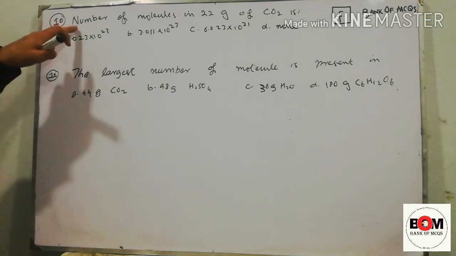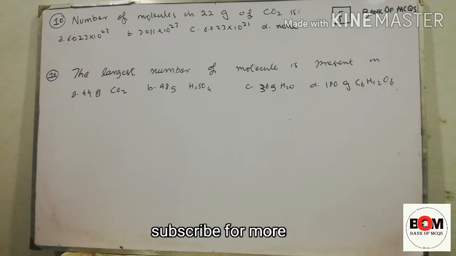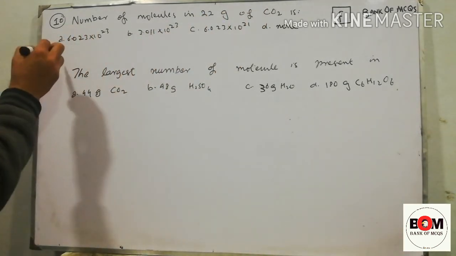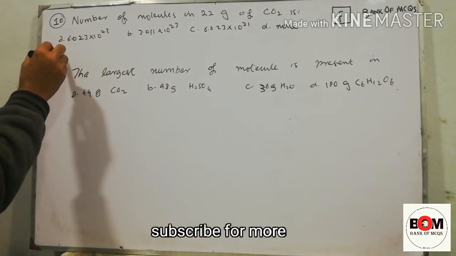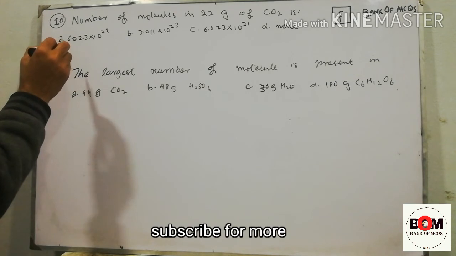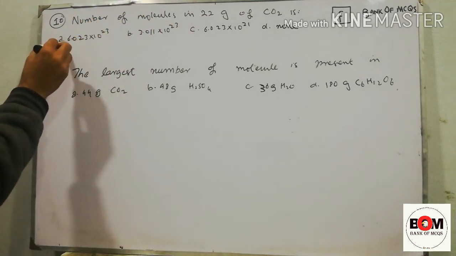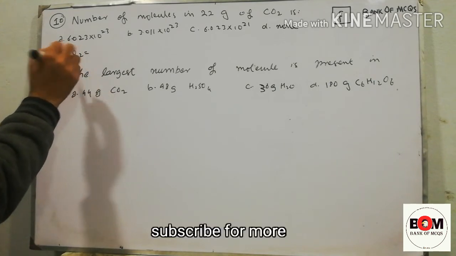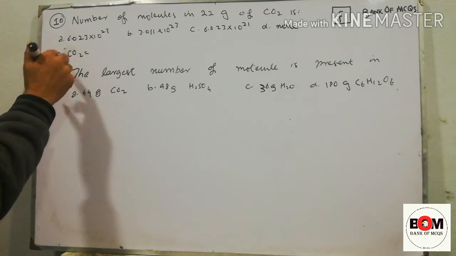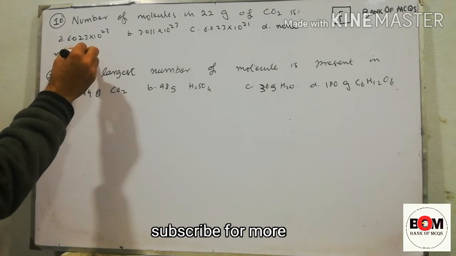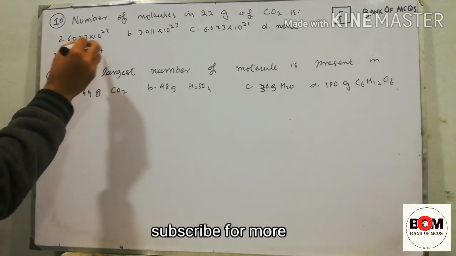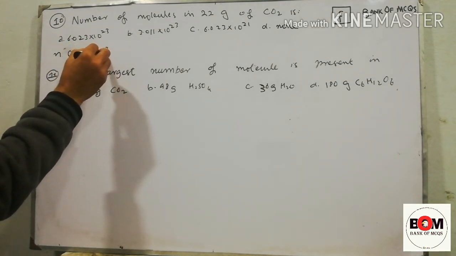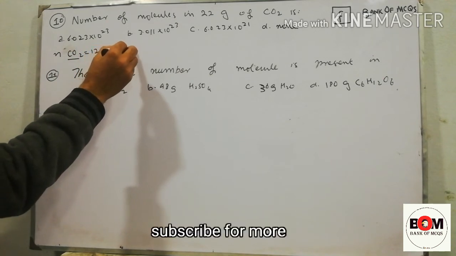Further we are solving MCQ number 10. MCQ number 10 is: the number of molecules in 22 gram of CO2 is. We know that the number of moles for any atom or molecule, in this case for CO2, is equal to mass divided by molar mass of CO2, that is 12 plus 16 times 2, which is 32, so 44 gram.